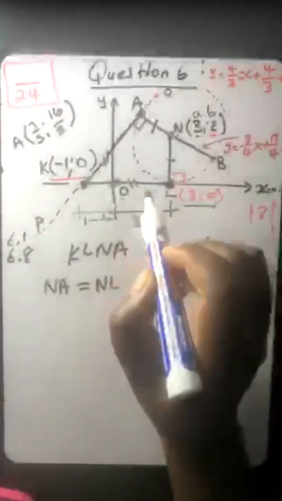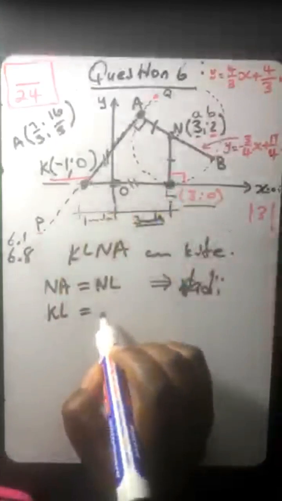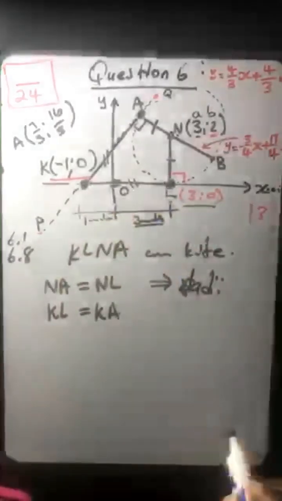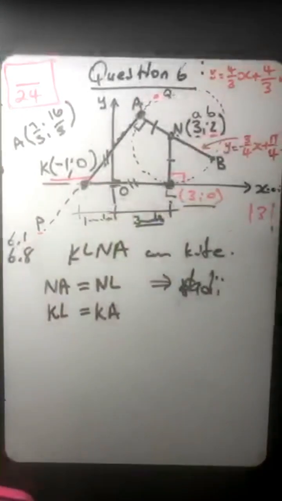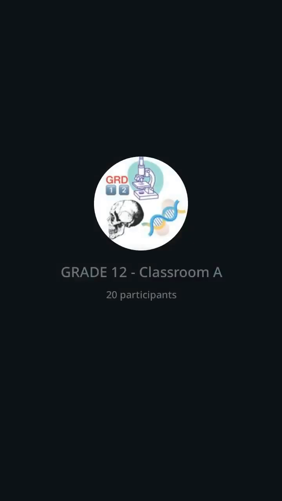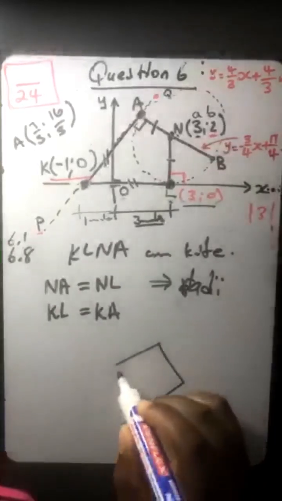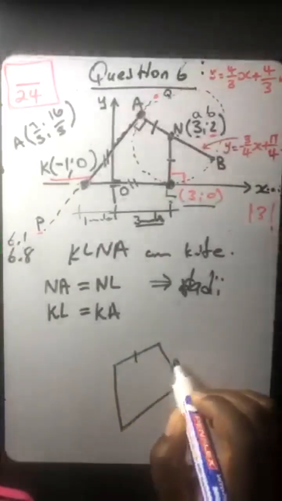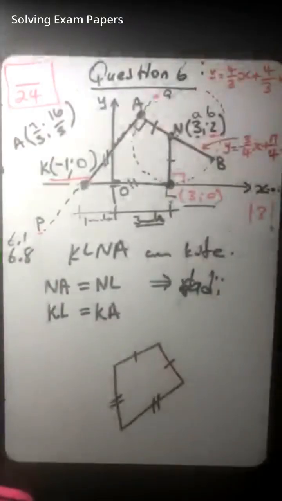That is why one can say this is also equal to that. So I'm saying KL from there to there is also equal to KA. And the adjacent sides are equal. So if you do not know from grade 10 the properties of a kite, you won't be able to answer this question.